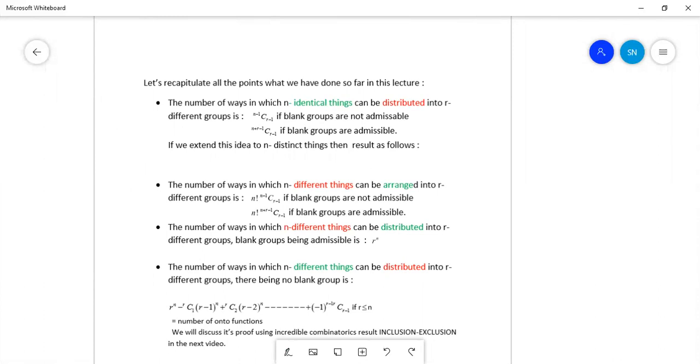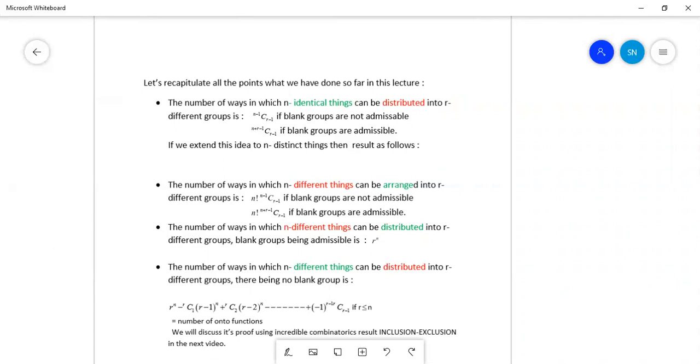That is, the number of ways in which n identical things, suppose there are n ones, can be distributed into r different groups is (n minus 1) C (r minus 1), under the condition that blank groups are not admissible. So zeros are not considered.